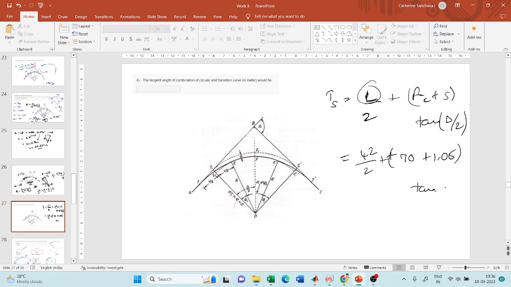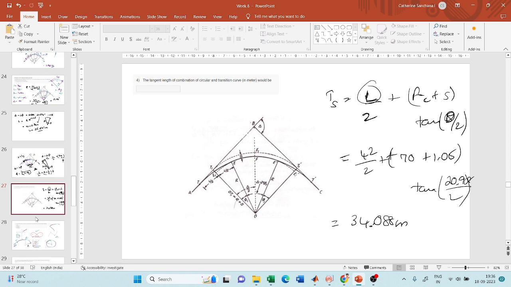We just now calculated theta, it is nothing but 20.908 divided by 2. If you substitute for this, you will get 34.088 meters. Now moving on to the next question.